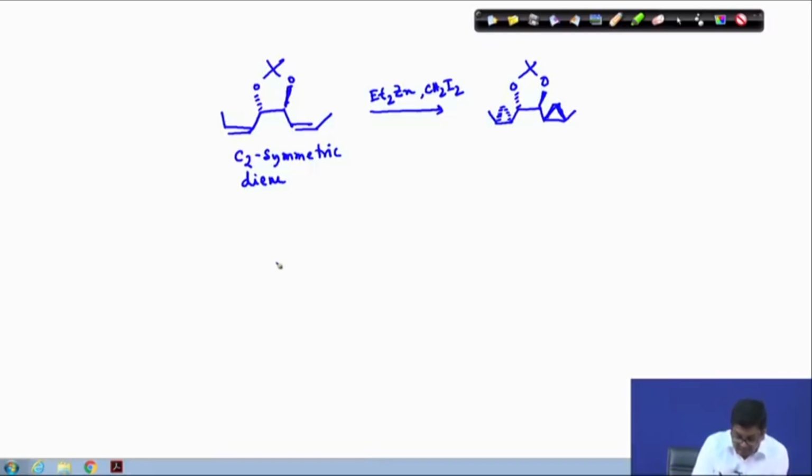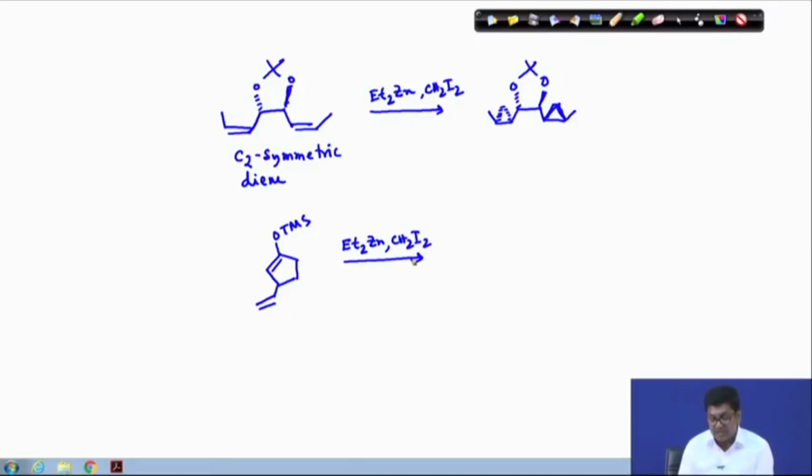Now, in another example, vinyl silyl ether has been used as the starting material, in presence of diethyl zinc and methylene iodide, as a modified Simmons-Smith reagent, and the product is again the corresponding cyclopropane, having this TMS ether.